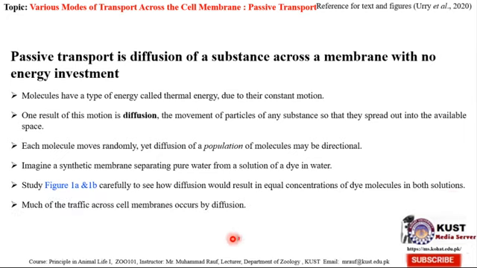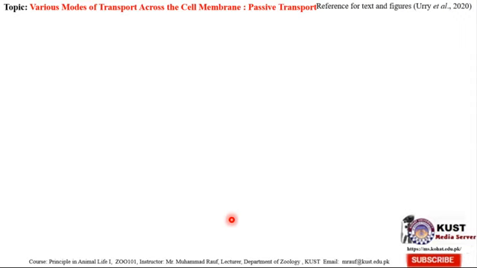Much of the traffic across the plasma membrane occurs by diffusion because the molecules are in abundance in the extracellular space, and this bulk presence of molecules on the outer side of the cell possesses potential energy which draws these molecules inside into the cell.